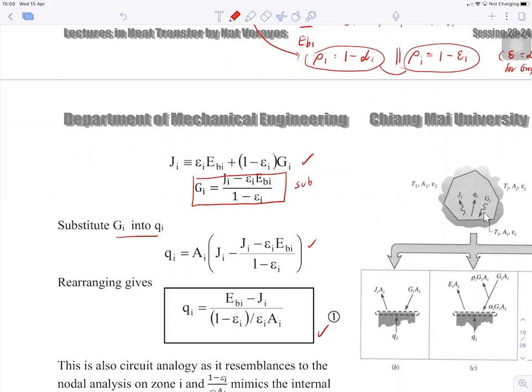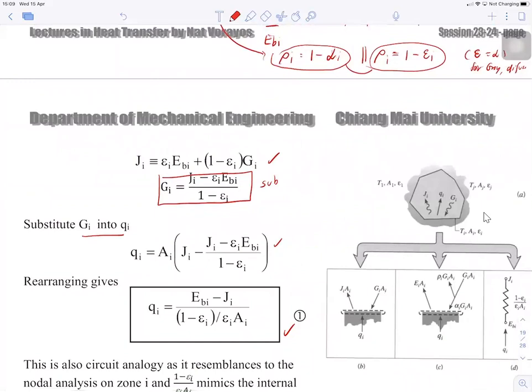Okay, so now you got a surface I. I magnify the surface I, and you have QI going in. And this QI can be found from this.